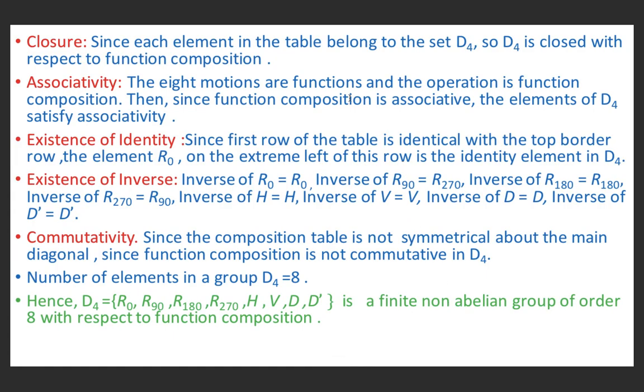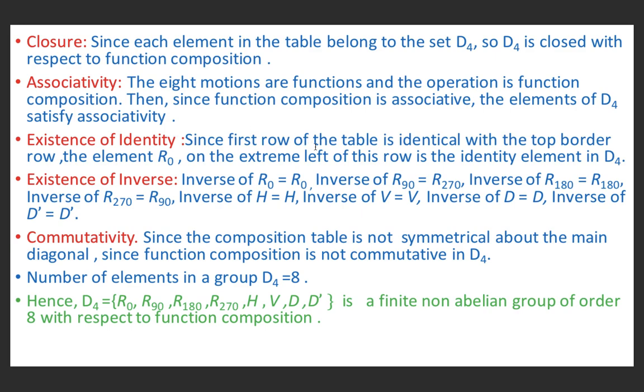Since each element in the table belongs to the set D4, D4 is closed with respect to function composition. Also, the 8 motions are functions which we discussed in the previous slide, and the operation is function composition. Since composition is associative, the elements of D4 satisfy associativity.